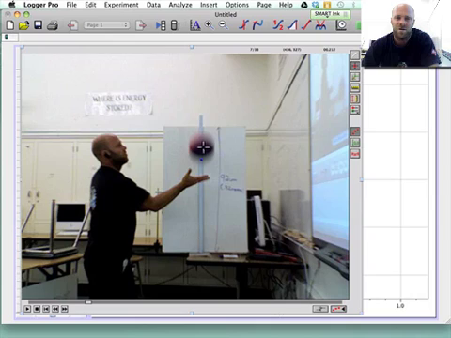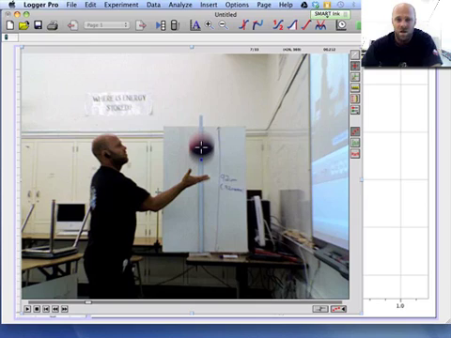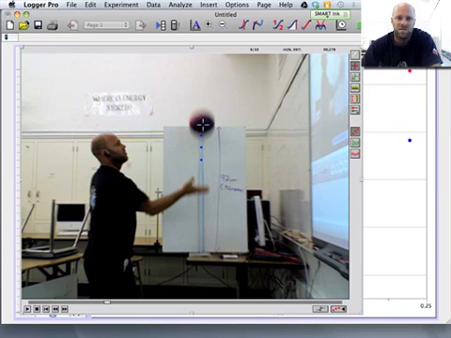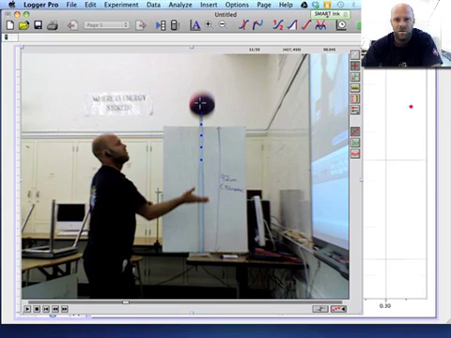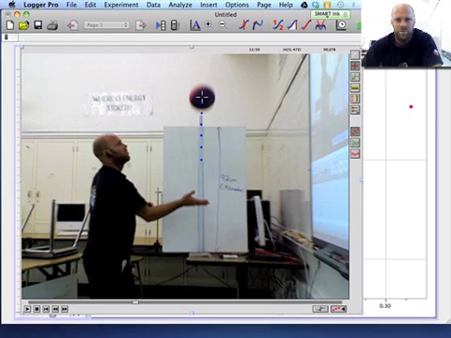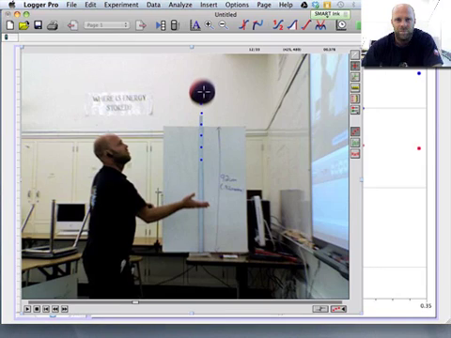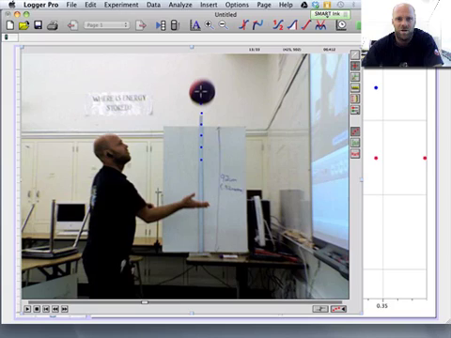Click. Every time I click on where the ball is, I'm just trying to click where the center of the ball is. Each time I click, the ball advances by one frame to its next location. Okay, looks pretty good.